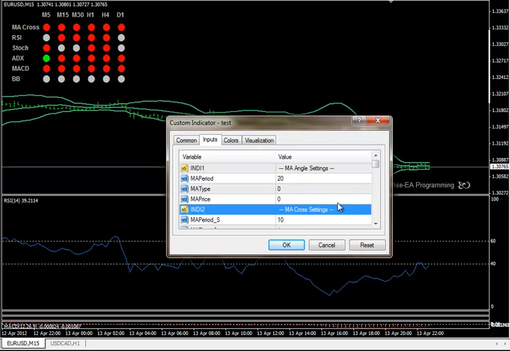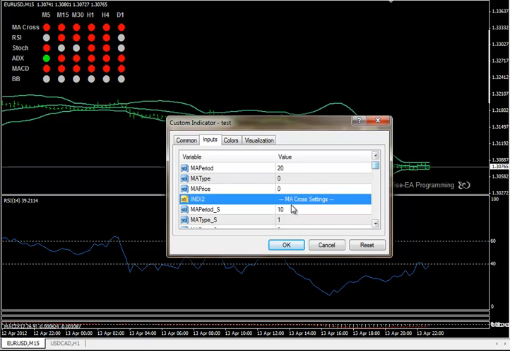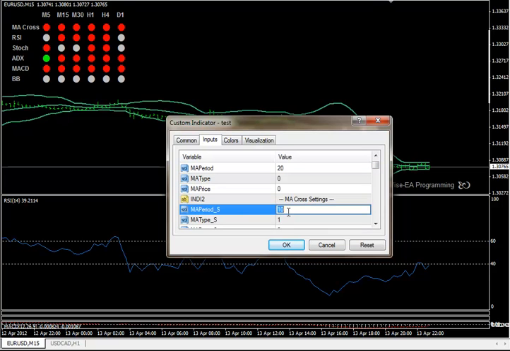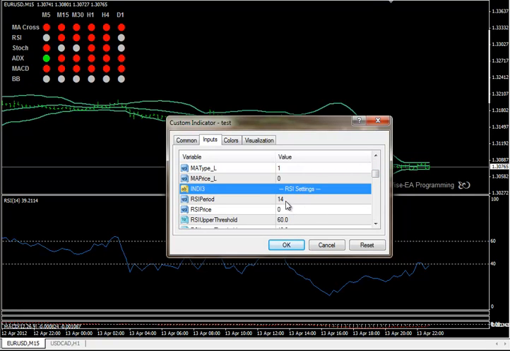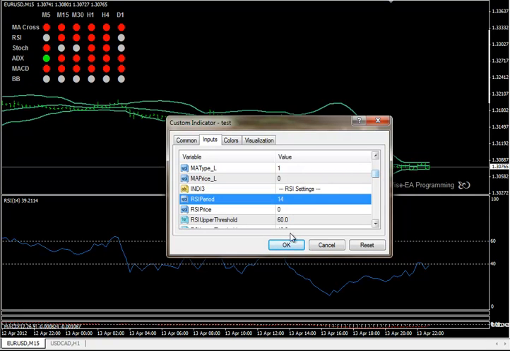So for example, if I don't want to display the MA cross status, then I just simply put this to 0. It's the same for any others. For example, for RSI, you just put this to 0. If it's anything other than 0, that means you want this option.